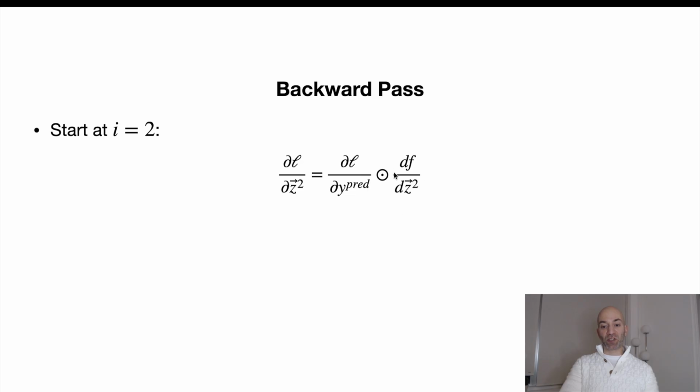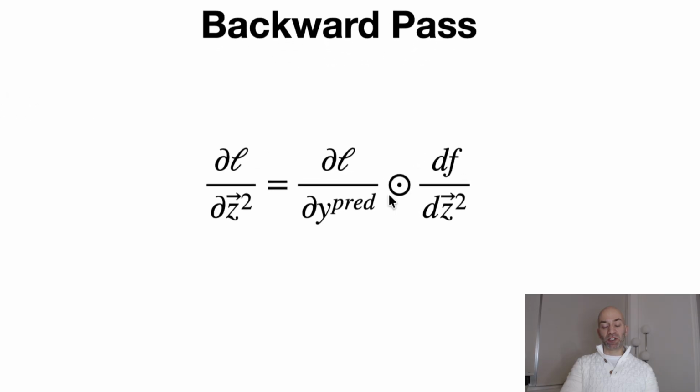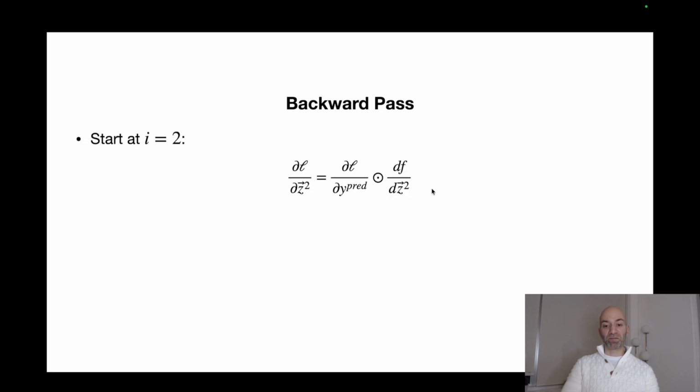The second derivative is written as a full derivative, and that's just because our activation function is only a function of a single value, whereas our loss is a function of two parameters, and so I've written this as a partial derivative. As well, the product symbol here, the dot with the circle, is just meant to represent element-wise multiplication. So just understand that that's what this equation is representing.